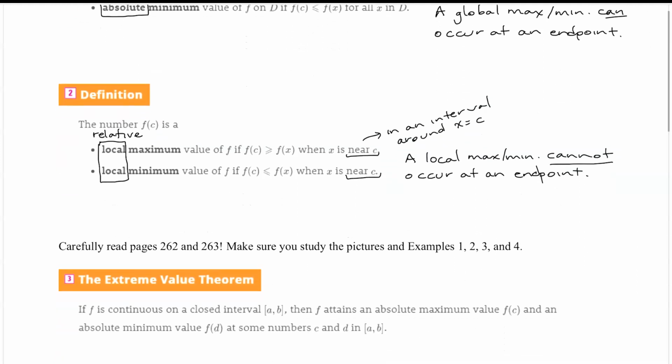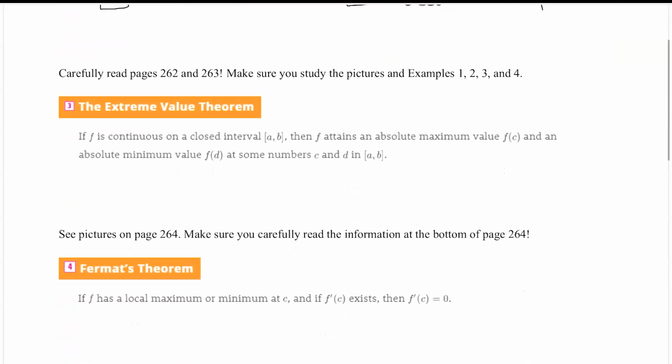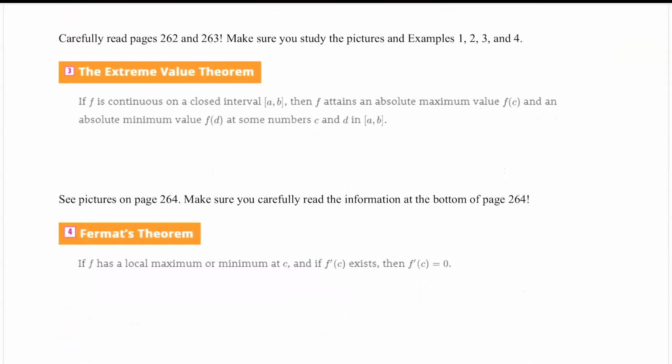But that would not also be a local max or min because the interval is not around the x value. It stops and only occurs on one side of that input value. So again, I strongly encourage you to read in your textbook pages 262 and 263. Look at the pictures that go with examples 1 through 4.